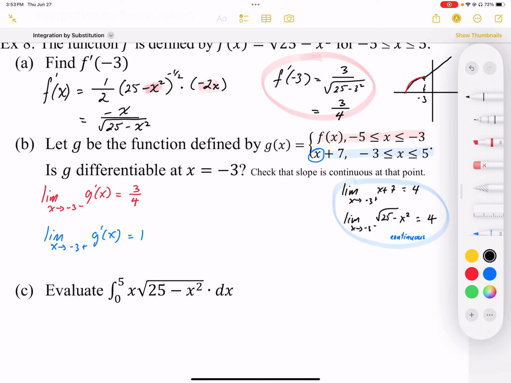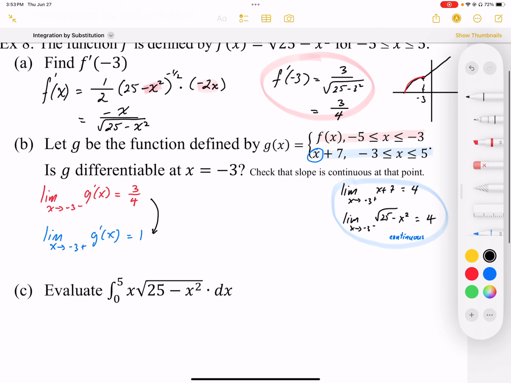And we can see that the slope from the left side and the right side do not equate. Okay, so we know that this is not differentiable. So the derivative is discontinuous. Okay, therefore, g is not differentiable.